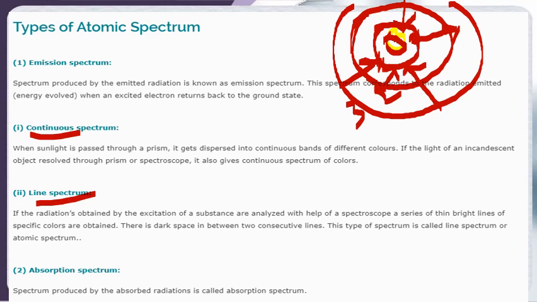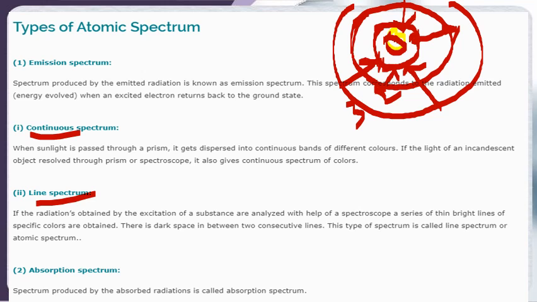Try to understand this point, that line spectra is produced due to the gaps which are present between the different energy levels in an atom, right? Each orbit has its own specific amount of energy, and if an electron has to move from the higher energy level to the lower energy level, the energy emitted will be different for each level.